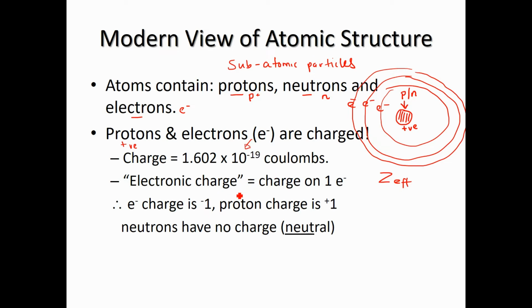And in terms of coulombs, but just know again, the electrons will have a charge of minus, protons will have a charge of plus. Okay, generally negative and positive. Neutrons have no charge.